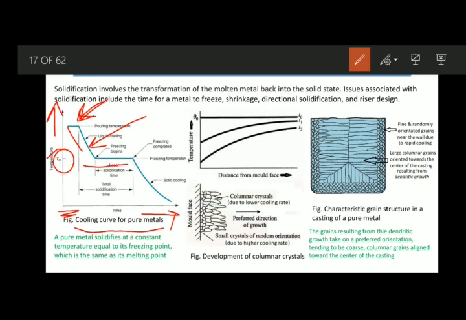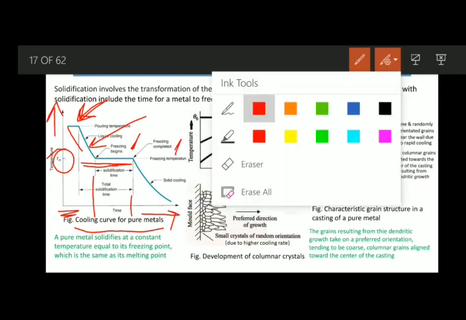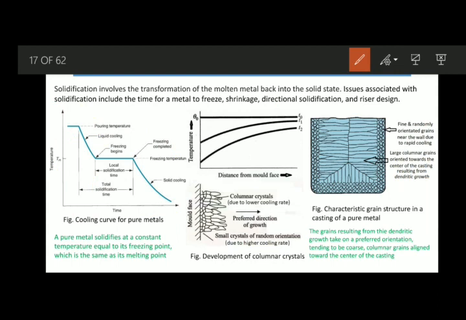During this time, the metal's latent heat of fusion is being released to the surrounding. From here to here there is a certain time that the pure metal will take to freeze. This time, from when the freezing begins to when the freezing completes, is known as the local solidification time.